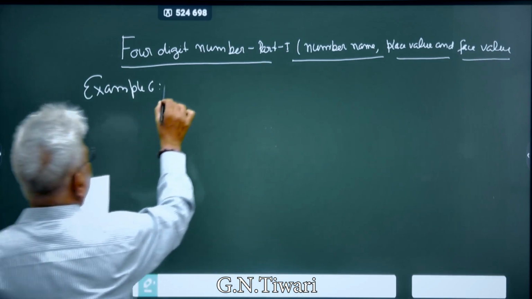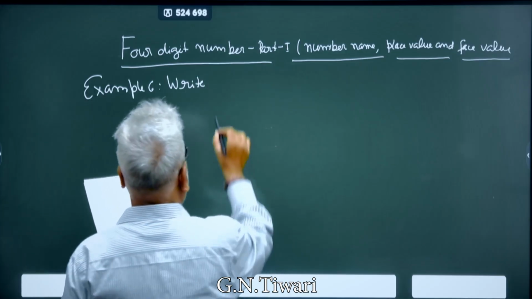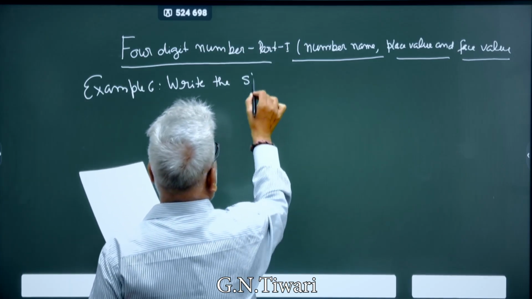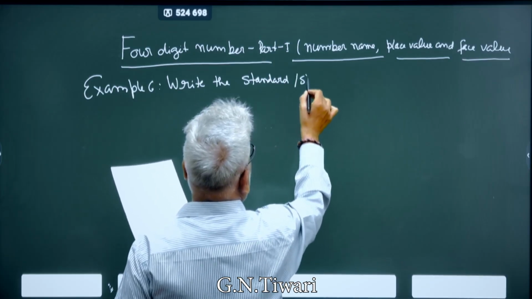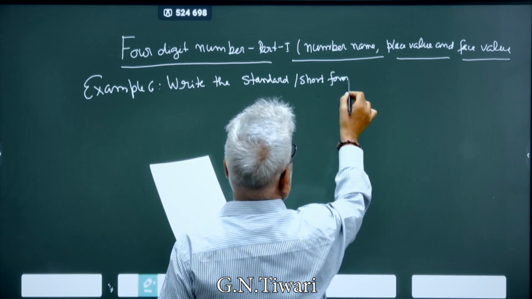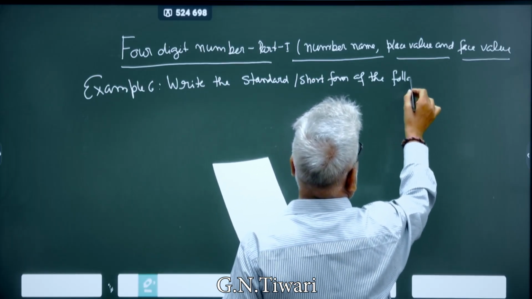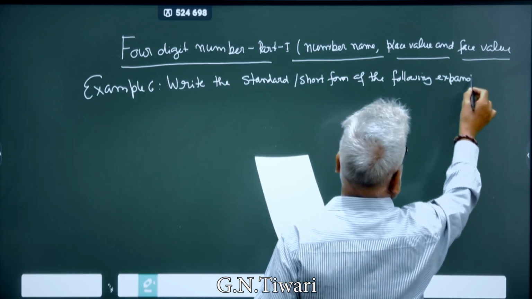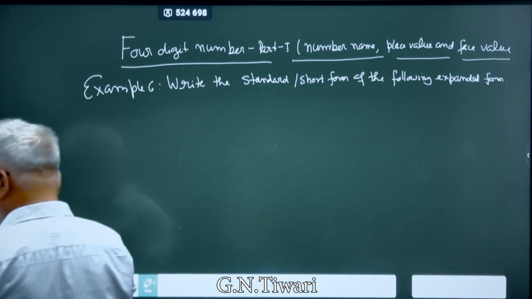Write the standard or short form of the following expanded form. अब क्वेश्चन देखिए उल्टा हो गया है. यानी expanded form दिया है उसको short form में लिखना है.